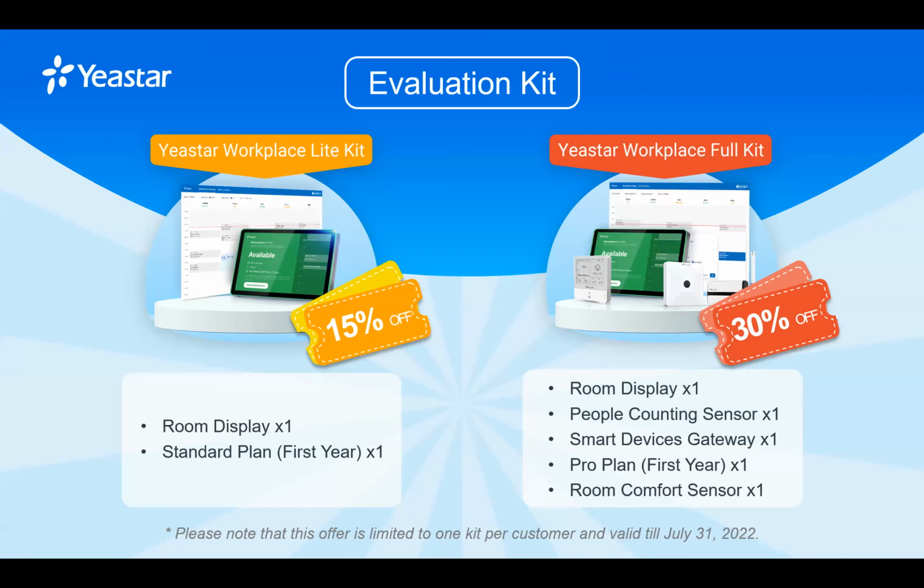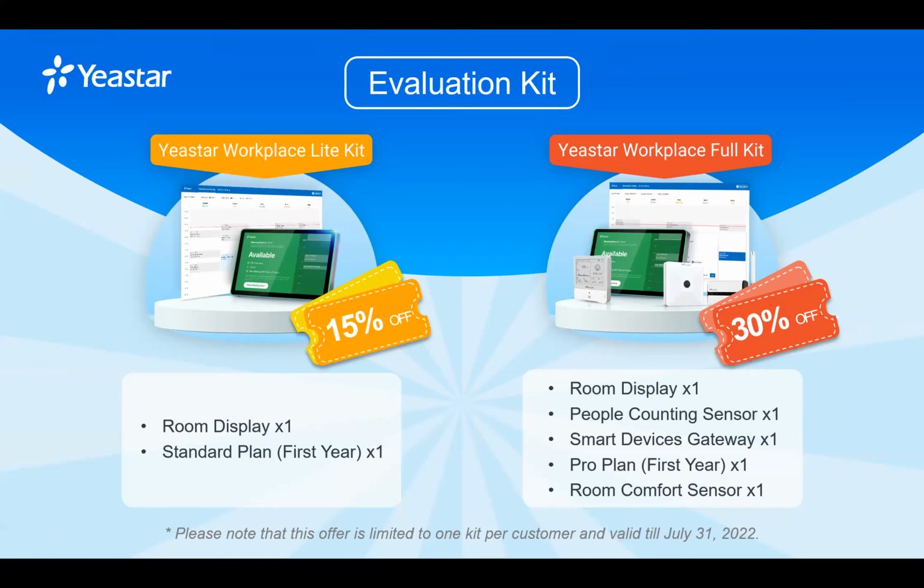So we have a kit with two options: the light kit and the full kit. The light kit comes with a 15% discount, and this includes the room display and comes with a 1 year standard plan. It is applicable for only one unit.